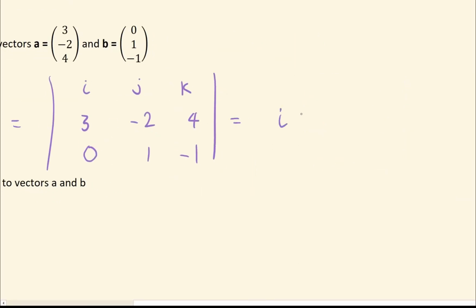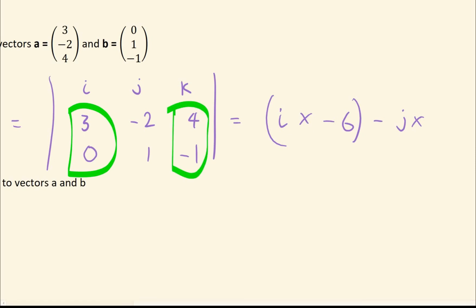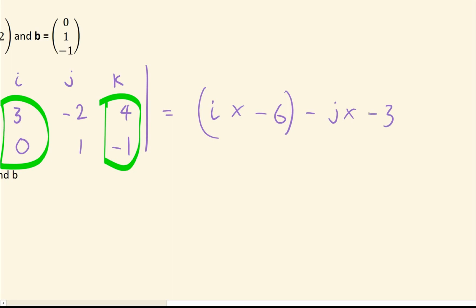This will then equal i times the determinant of this, so that's minus 2 minus 4, so i times minus 6. Now it's minus j, let's put that in brackets, and that's going to be times the determinant of this. So that would be minus 3 minus nothing. Put that in brackets as well.